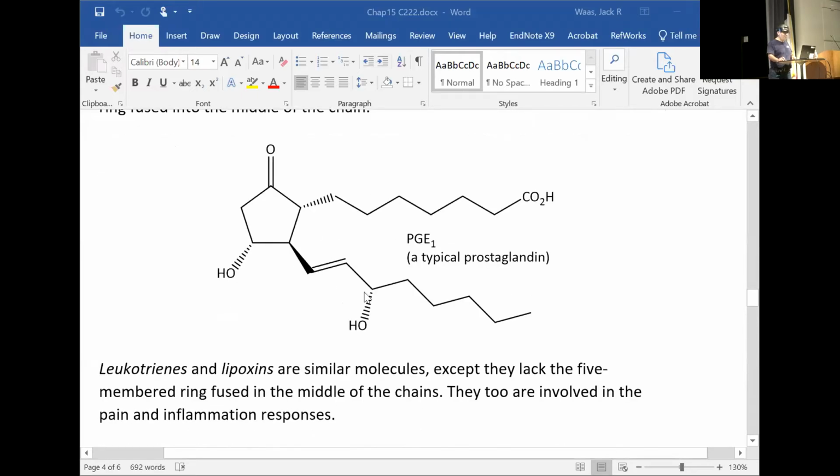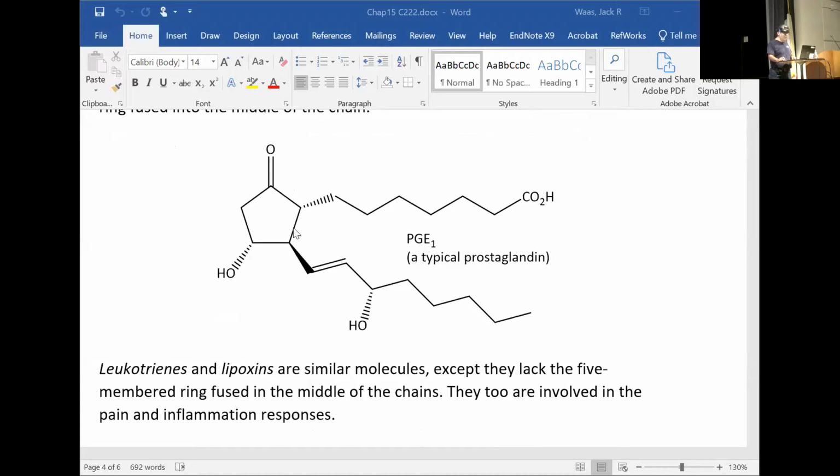So prostaglandins you might have heard of. And again, I'm not going to say draw PGE1, but prostaglandins all look something like this. They really, to me, look like a fatty acid, except that they have other functional groups hanging off, one of which is in general a 5-membered ring, fused into the middle of this long fatty acid chain.